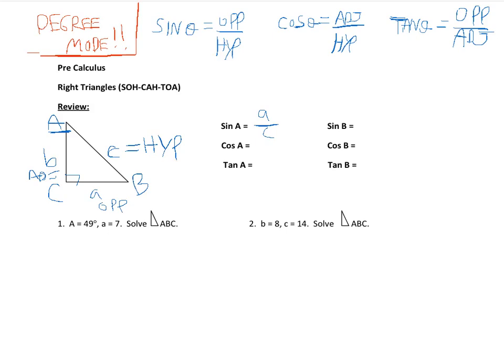Cosine of A is adjacent over hypotenuse, so that's b over c. And tangent's opposite over adjacent, so that's a over b.